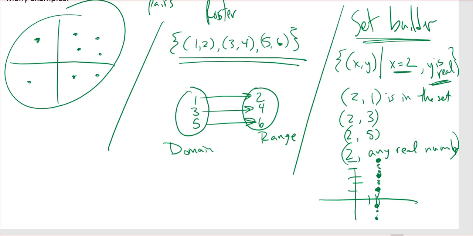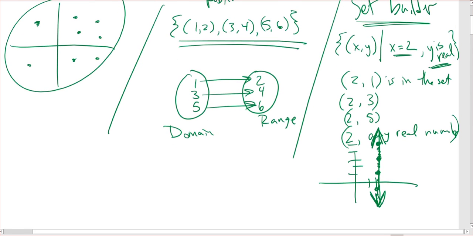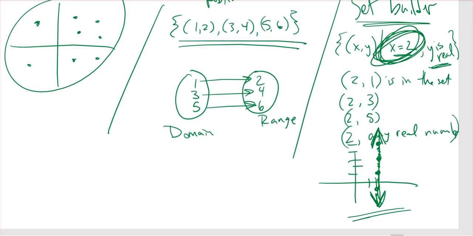And when we put enough of those on there, we're going to have a solid line here. And lo and behold, we've drawn a picture of a vertical line. Look at that. So notice that we had x equal 2, and when we drew a picture of that, it was a vertical line that went through the point 2, 0, right?